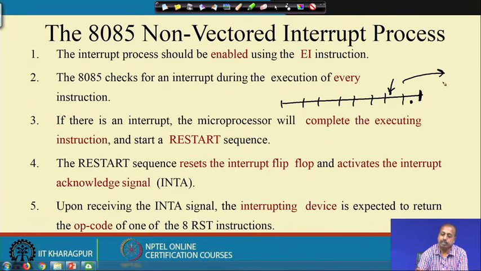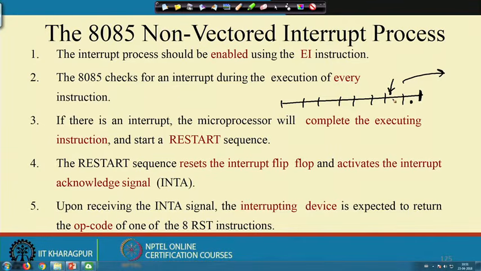So in every instruction execution, at the last but one clock cycle, it checks for interrupts, and if it finds that some interrupt has occurred and needs to be serviced, it will branch to that ISR after finishing the current instruction.